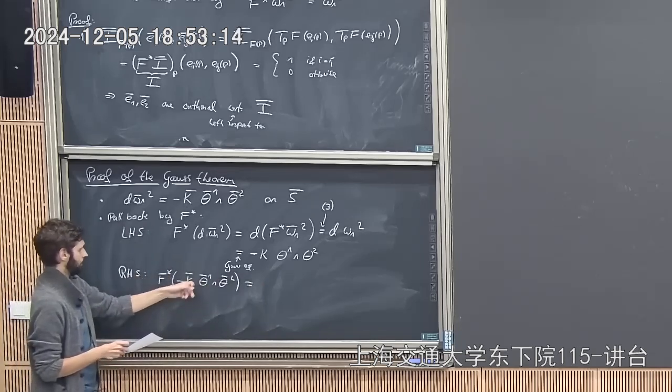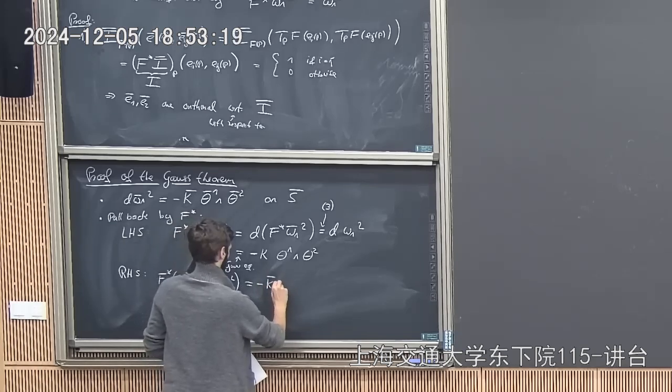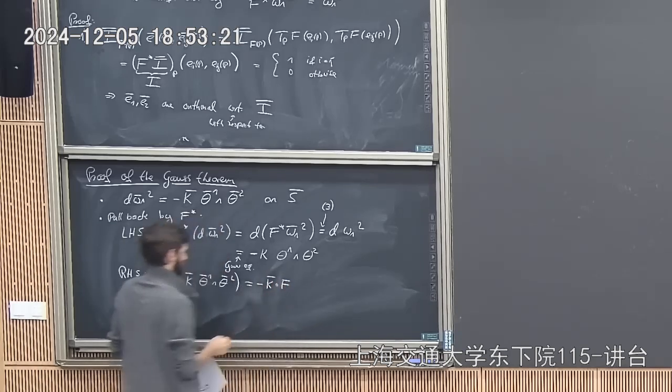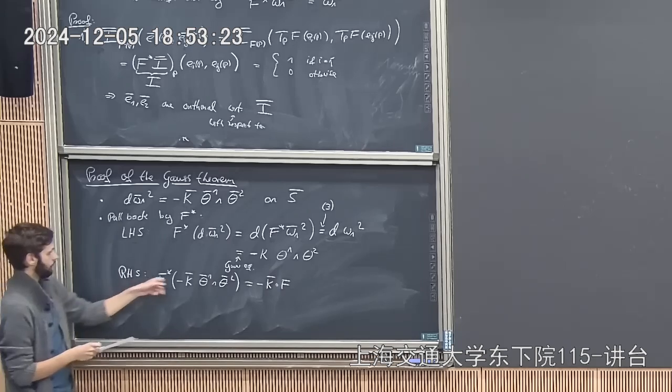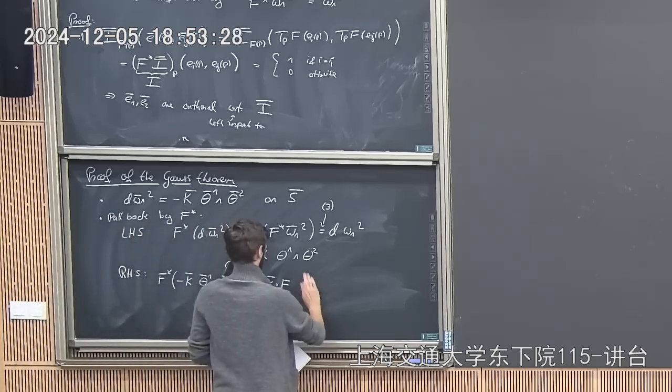We just plug in the function into the function that we pull back, and then we have the pullback of the form.